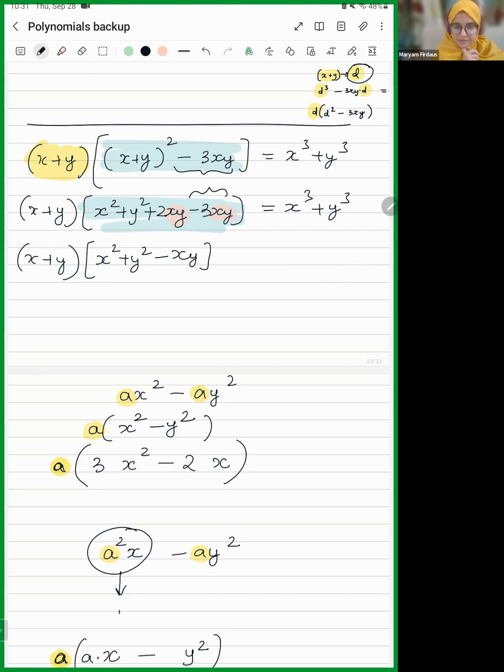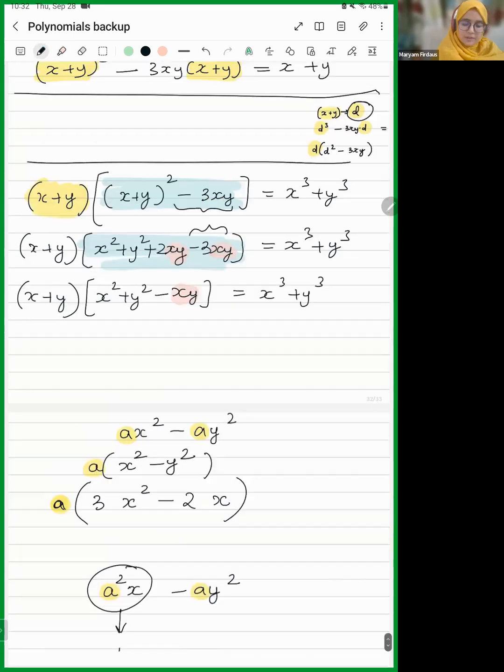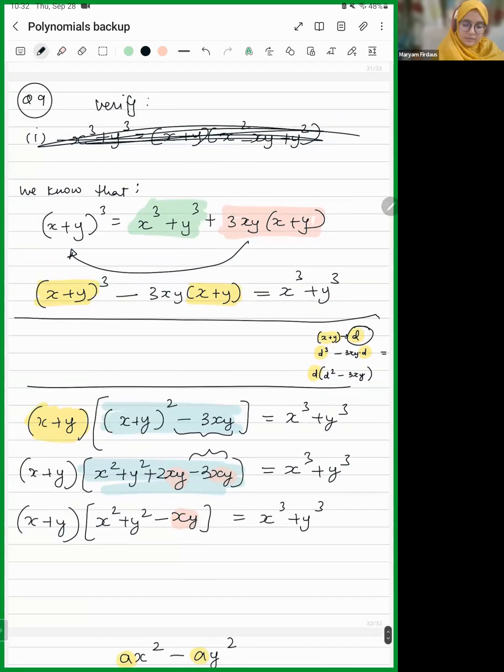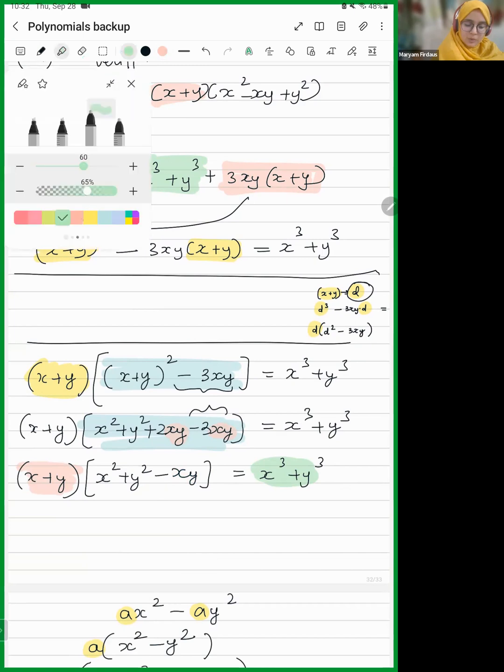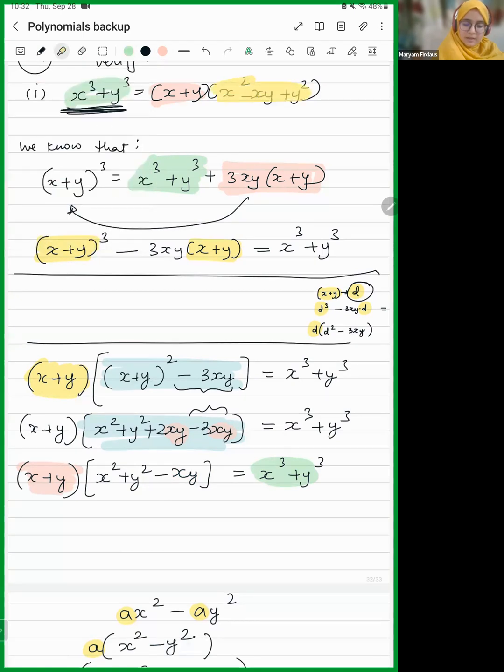Avni, is it clear till here, dear? Yes, ma'am, it's clear. This is equal to x cube plus y cube. That is actually what we had to find out. Show that x cube plus y cube is equal to x plus y into x square minus xy plus y square.